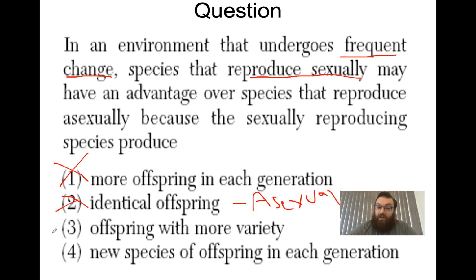Offspring with more variety. Okay, so as we saw in our first slide, we do see more variety in sexually reproducing organisms, and when an environment is constantly changing, the offspring of the species have a better chance to survive if they happen to acquire a mutation that makes it easier for them to survive in that environment, which is less likely to happen in asexual reproduction because they have identical offspring.